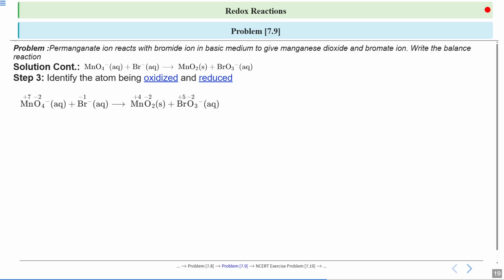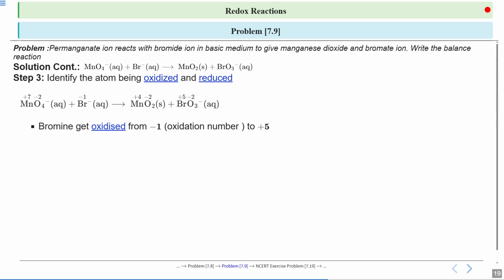If you look at manganese, its oxidation number has decreased from +7 to +4. While for bromine, its oxidation number has changed from -1 to +5. So we identify the oxidized and the reduced one.